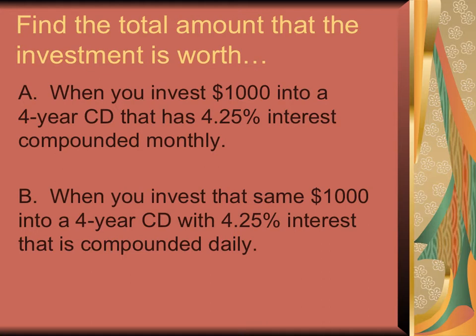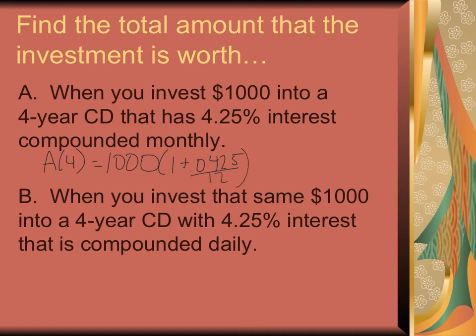Okay, so if I'm going to write out this formula here, I start with $1,000, so A of 4, because it's the amount of money after 4 years: $1,000 times 1 plus 0.0425 over, well, how many times is it getting compounded? 12.